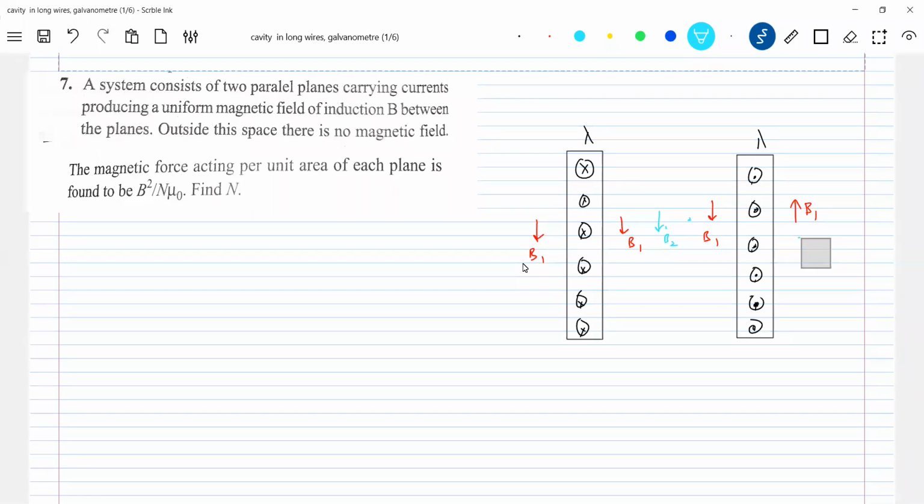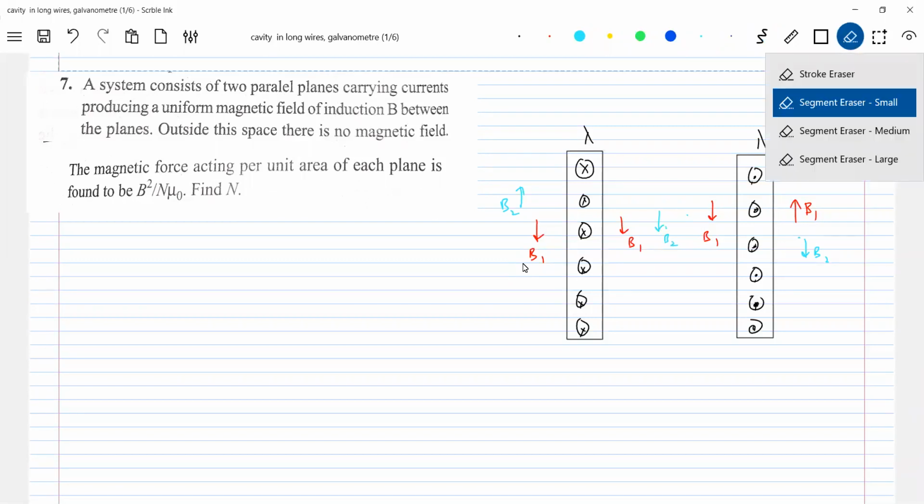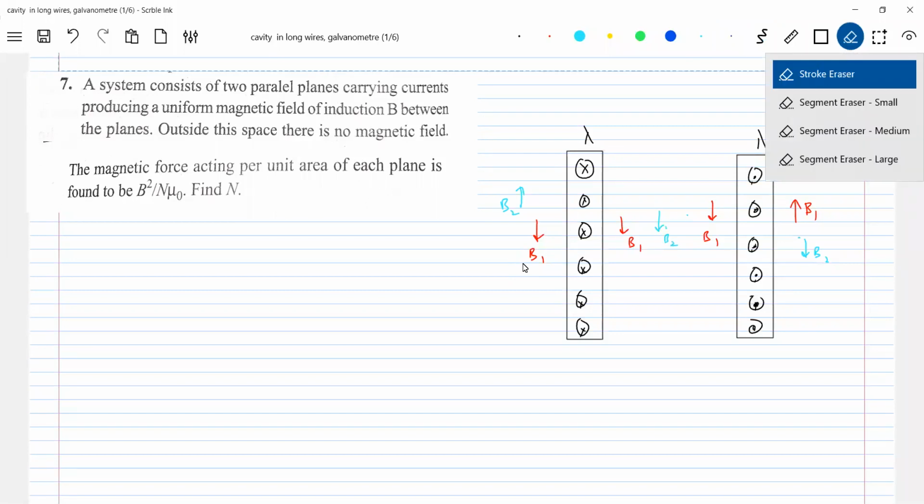So this will be B2, and here it will also be B2. So take help of the superposition condition like this. Now the force of interaction between them is what is asked.